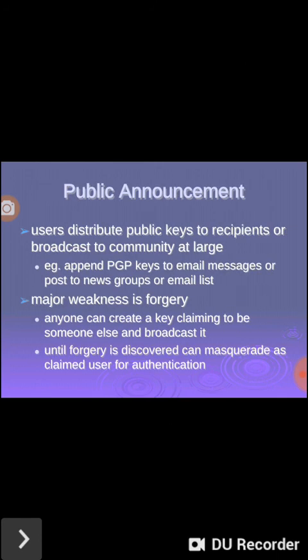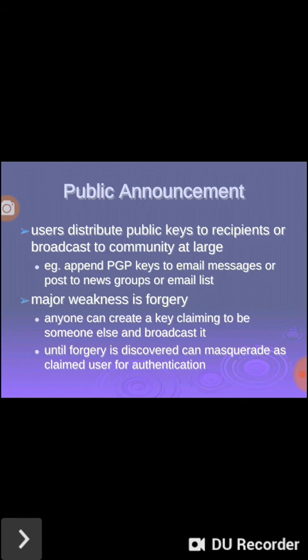So what is the public announcement? The users distribute the public keys to recipients or broadcast to the community at large. For example, they append PGP keys to email messages or post to news groups or email lists. But the major weakness is forgery.